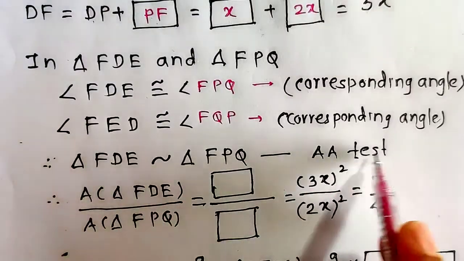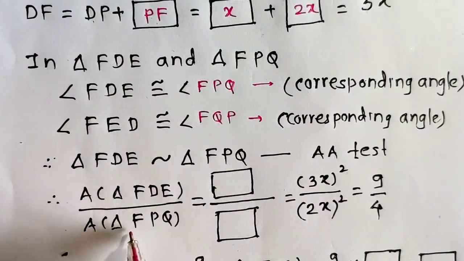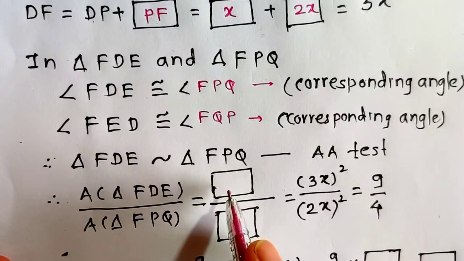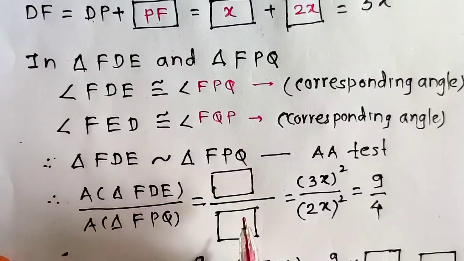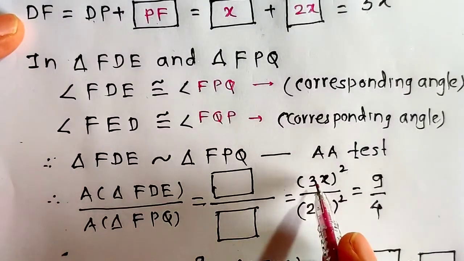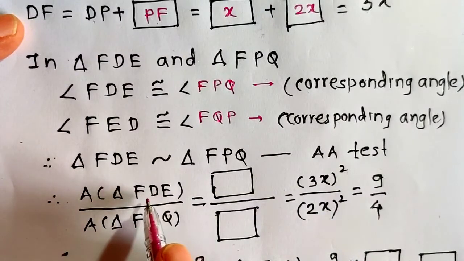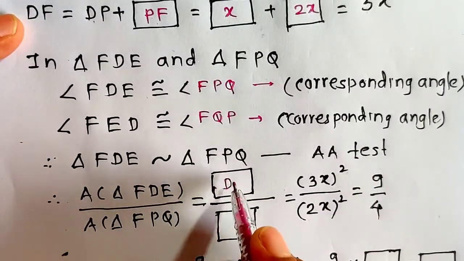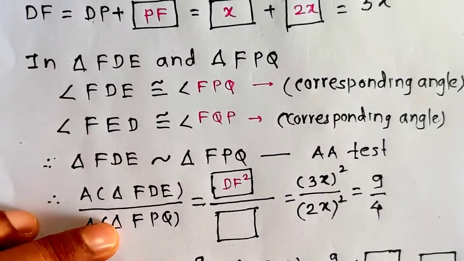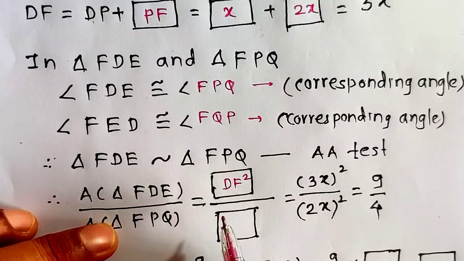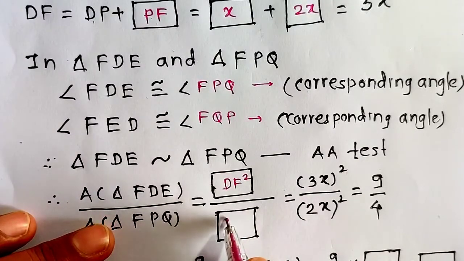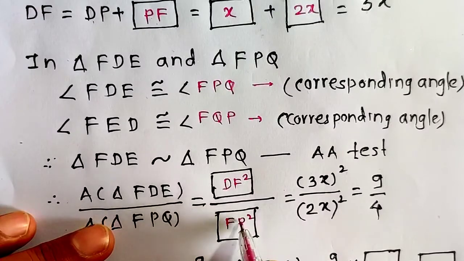If two triangles are similar, the ratio of their areas is equal to the ratio of the squares of their corresponding sides. So which side do we have to take here? This DF, that is 3x. So DF square divided by FP square.